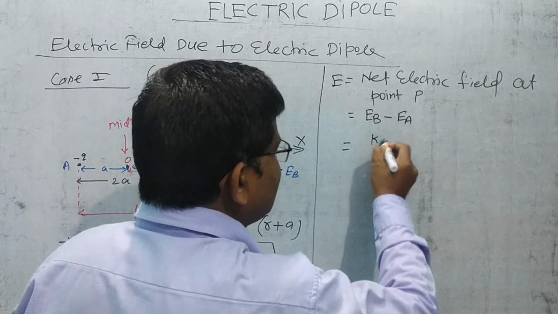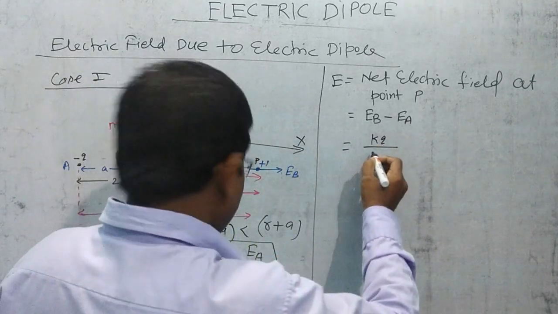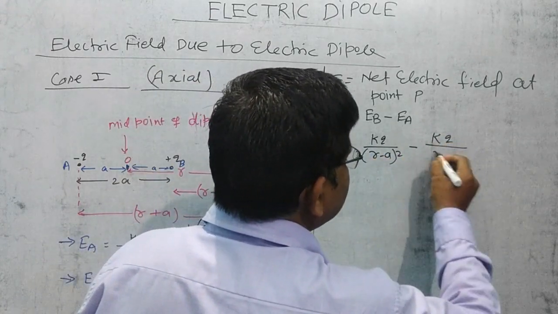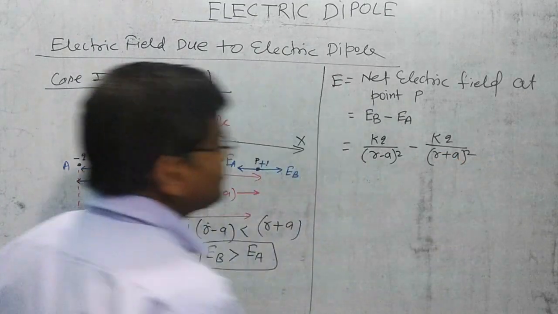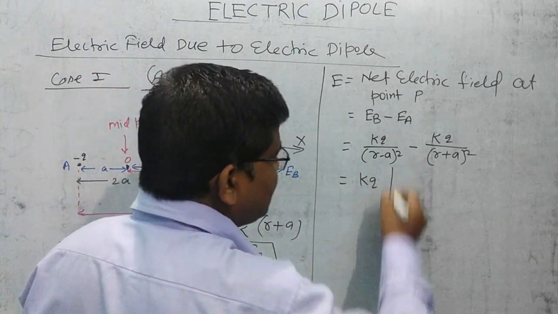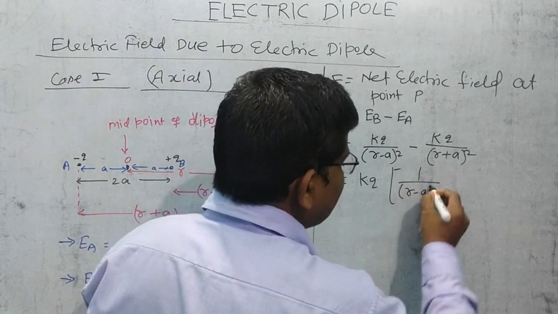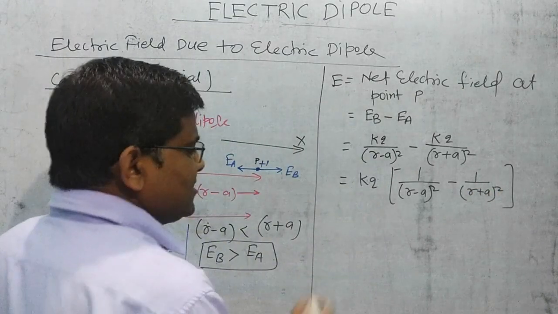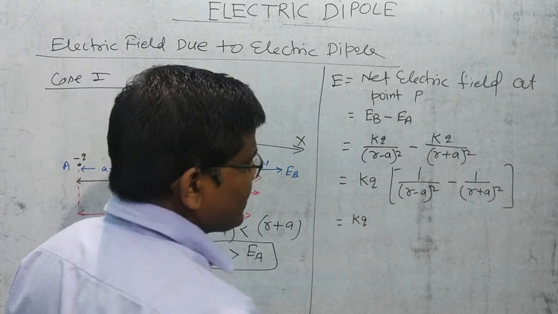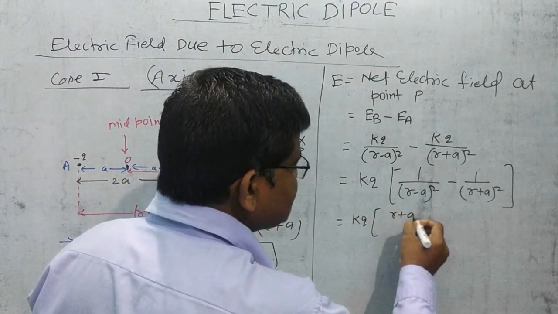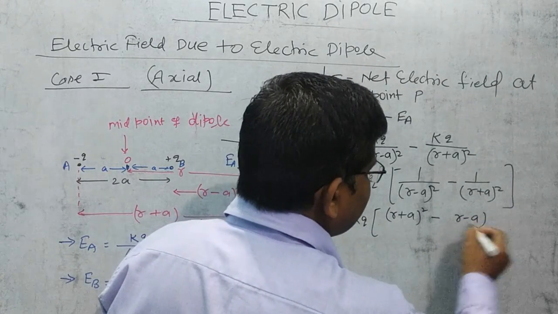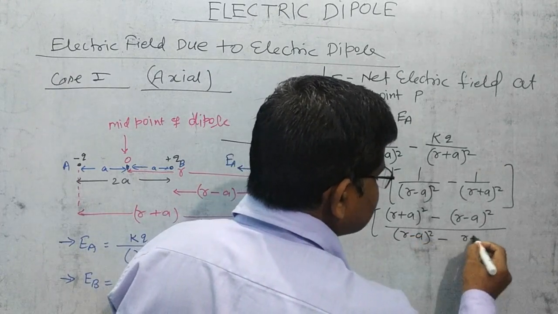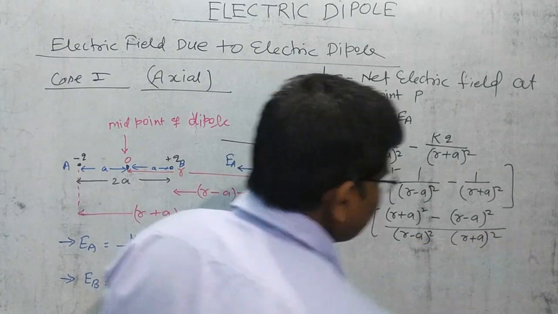So KQ by (R minus A) whole square minus KQ by (R plus A) square. KQ is common, so 1 by (R minus A) whole square minus 1 by (R plus A) whole square, which equals KQ times [(R plus A) whole square minus (R minus A) whole square] by [(R minus A) whole square into (R plus A) whole square].